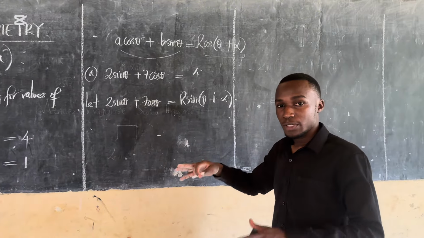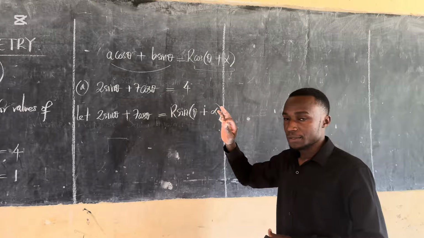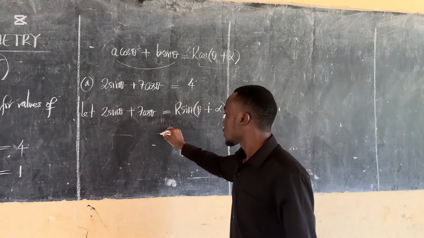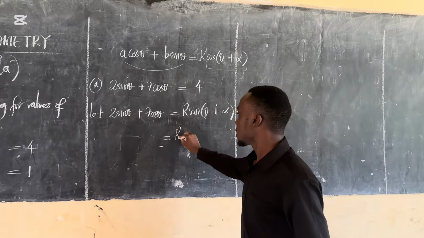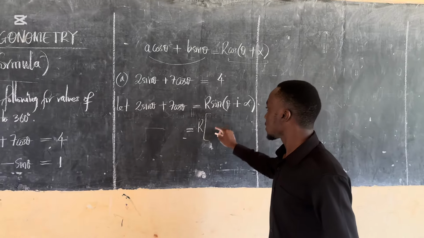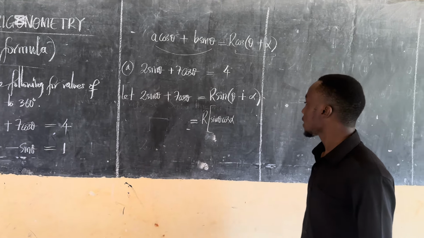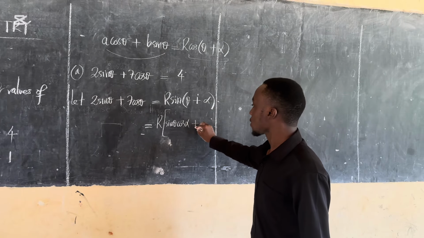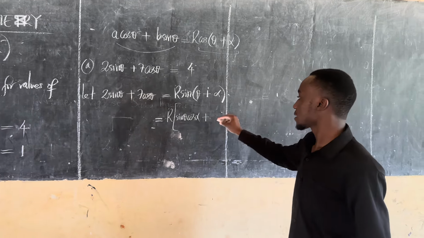If you're somehow confused, try revising compound angles under trigonometry. So by letting this to be this, we can expand now this, and this is sine theta cos alpha, and the plus also comes back just as this one. If this was a minus, we would use a minus.